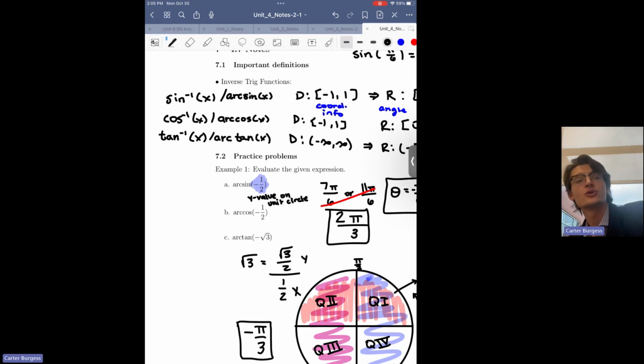The reason I refer to it the other way is because I don't want you to get confused with the idea that we are raising this to the power of -1. Raising to the power of -1 would be like taking the reciprocal, and cosecant and inverse sine are not related at all. Cosecant is taking our y value and flipping it upside down, and inverse sine is not spitting out a y value, it's spitting out an angle that goes alongside a y value.